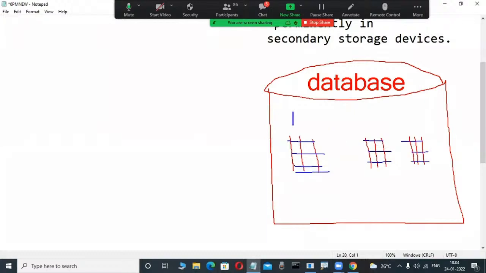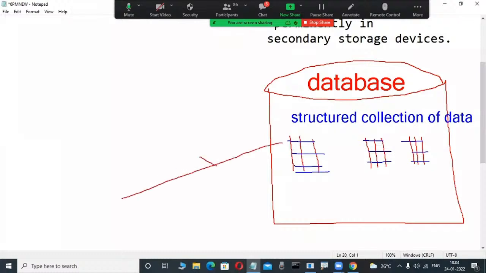Always these databases store a structured collection of data, in an organized fashion. Once a structured collection of data is there, for handling and operating this data, which language do we use? Very good, SQL, Structured Query Language.